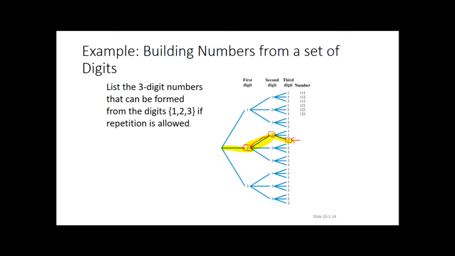Notice that we've done all the 3-digit numbers starting with 1, 1, and then all the 3-digit numbers starting with 1, 2. And next, we have all the 3-digit numbers starting with 1, 3. So it's a very organized way or systematic way of listing out the numbers, systematic listing. And there are the rest of the branches. Okay?